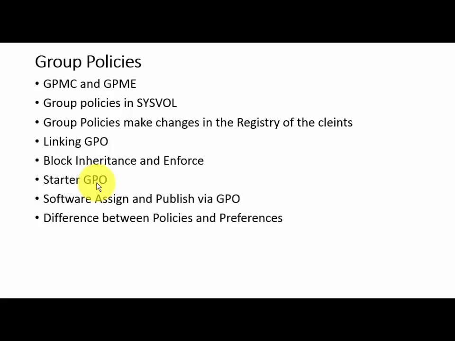So inside the starter GPO, whatever policies were implemented in the previous one and the new one, if those policies are conflicting, then there are rules for any conflict, which is coming in the next slide, which I will open now.